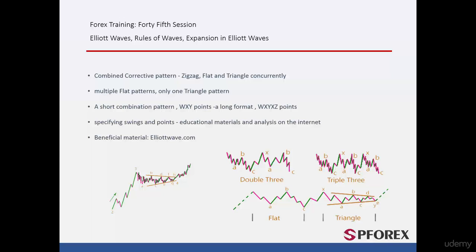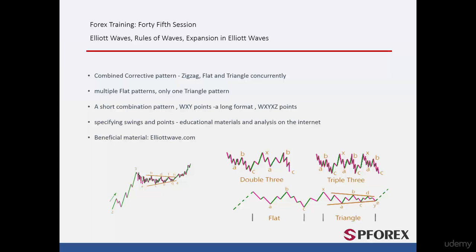While there can be multiple flat patterns, only one triangle pattern can form, which will be the last pattern of this combination. A short combination pattern has WXY points, while a longer format has WXYZ points.